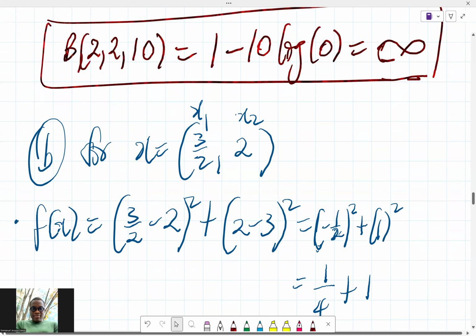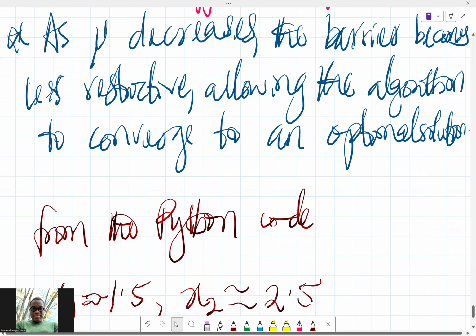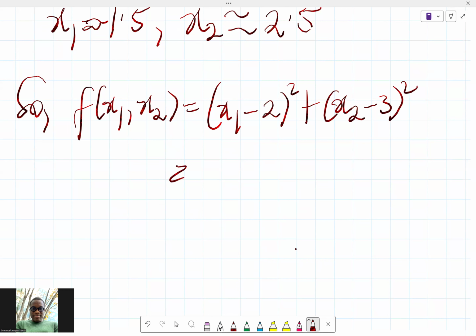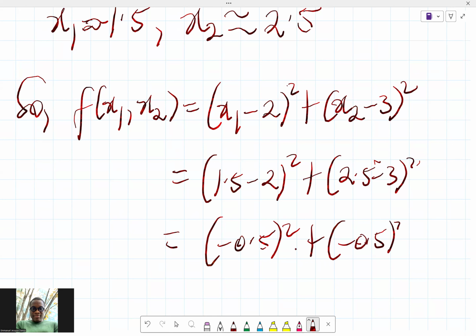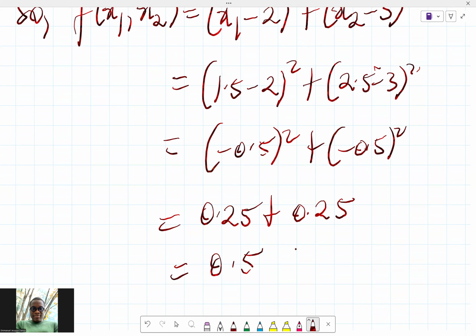Yeah, I think so. So this is 1.5 minus 2 squared plus 2.5 minus 3 squared. This is minus 0.5 squared plus minus 0.5 squared. So this is 0.25 plus 0.25, and that is simply 0.5.